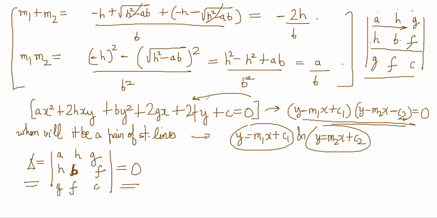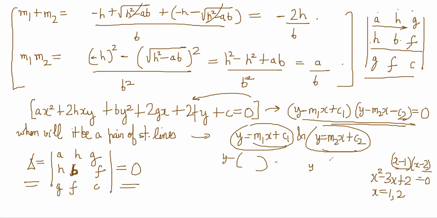Basically, when you get solutions of that quadratic, those are factors, no? You can write it as factors. Just like if you get solutions for an equation, suppose x is equal to 1 and 2, you can say that x minus 1 and x minus 2 are factors. Similarly, when you got solutions y is equal to this and this, then y minus this and y minus this are factors.